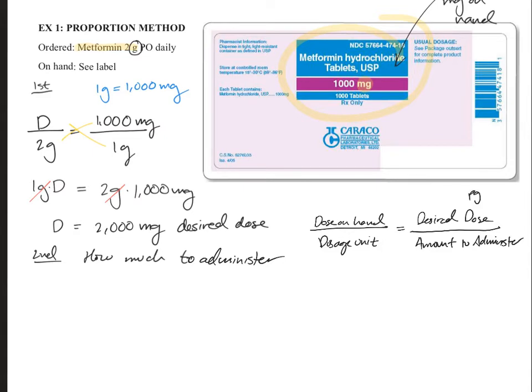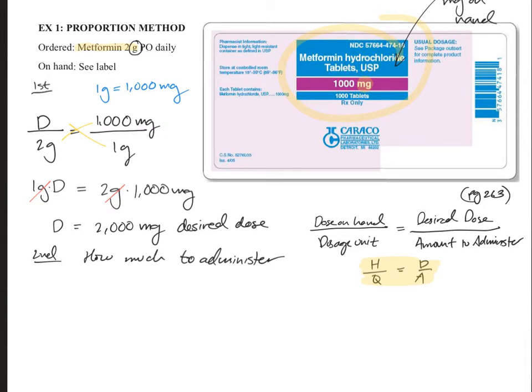This is on page 263 of your book if you want to reference it. Another way to look at how this is set up is H over Q equals D over A. This is the formula to memorize when using proportion. So let's go ahead and do that.